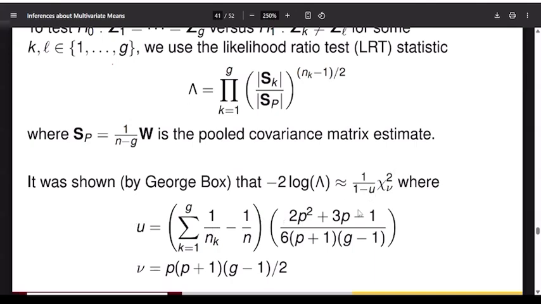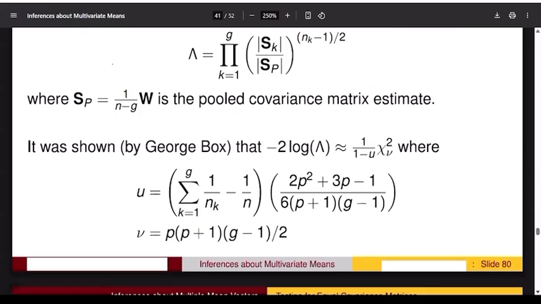Can you see U? P is the number of variables, the number of dependent variables. G is the number of groups that we want to compare. N is the number of observations. N_k, the number of observations within the k-th group. I needed to take note of that. And after that, we can take a decision.